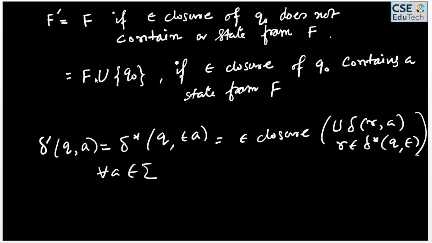Otherwise, the final states will be whatever they were in the NFA with epsilon moves, including Q0. That means epsilon, the string of length zero, will be accepted. In this scenario, Q0 will be a final state also.